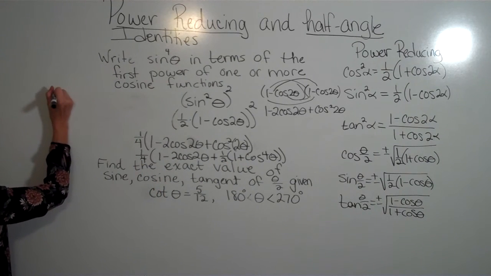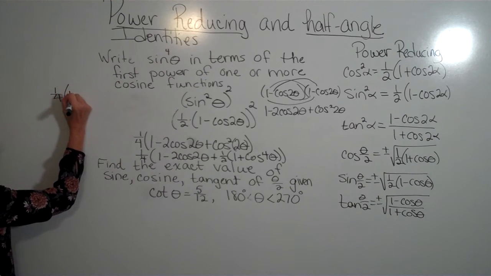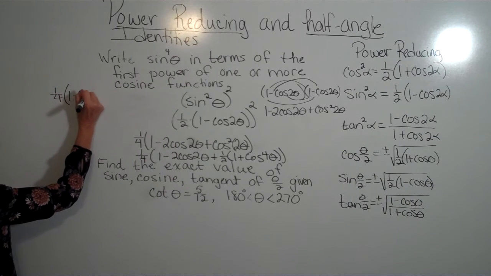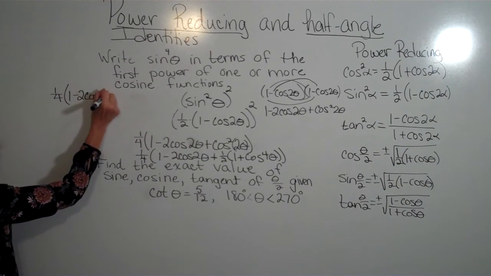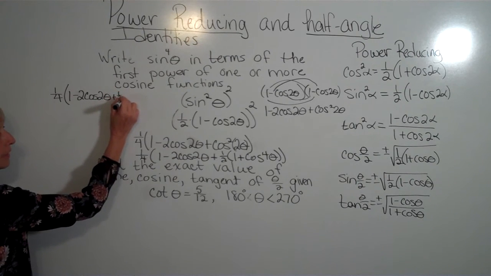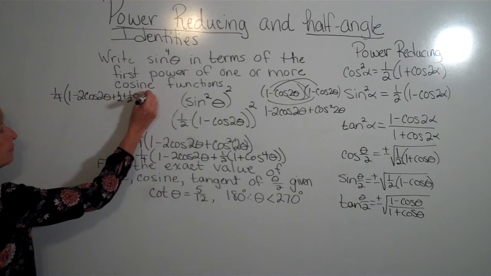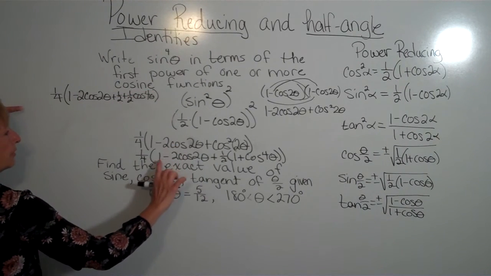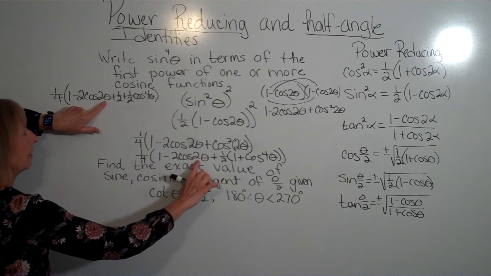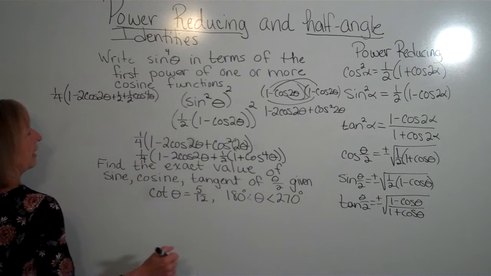So that will be 1/4 times my 1 minus 2 cosine 2 theta, then plus 1/2, and then plus 1/2 cosine 4 theta. So all I did here is I have my 1/4 open parentheses 1 minus 2 cosine 2 theta plus 1/2 plus 1/2 cosine 4 theta.